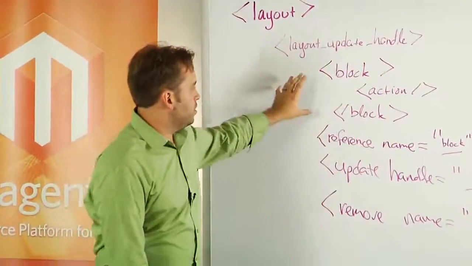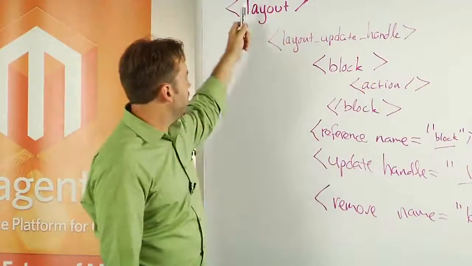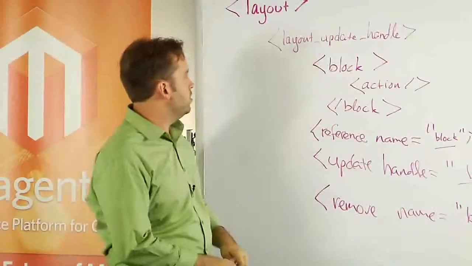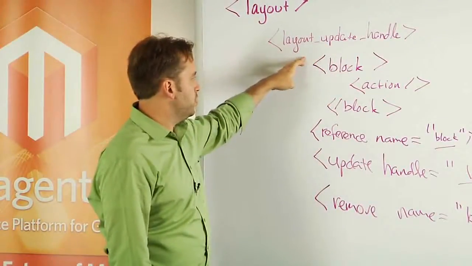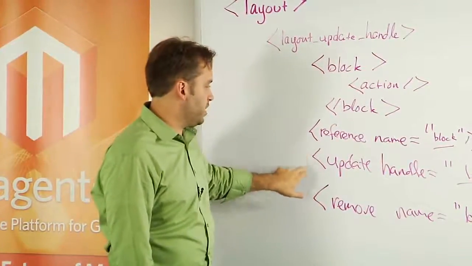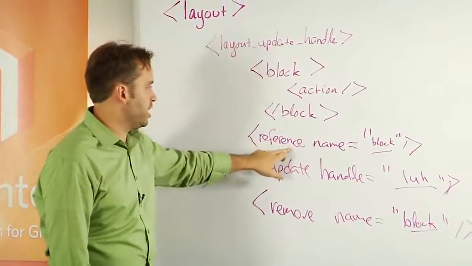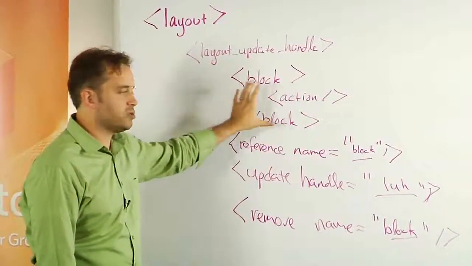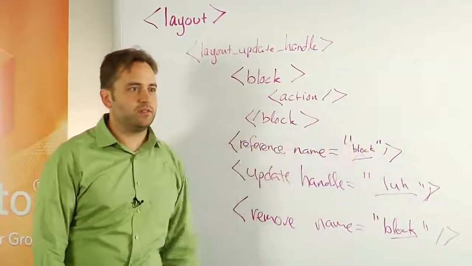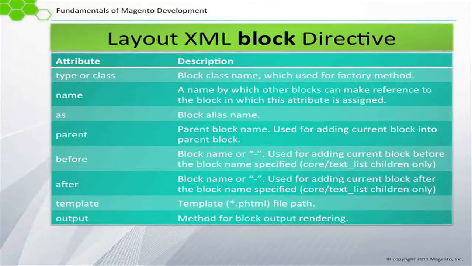So, blocks can have any sort of order of nesting, but this is a hierarchy you can always rely on. Layout, layout update handle. Under layout update handle, we can have block. We can have reference, we can have update, we can have remove. Blocks, though, we could put inside a reference. And blocks we can put in blocks and blocks and blocks. Blocks take type or class.